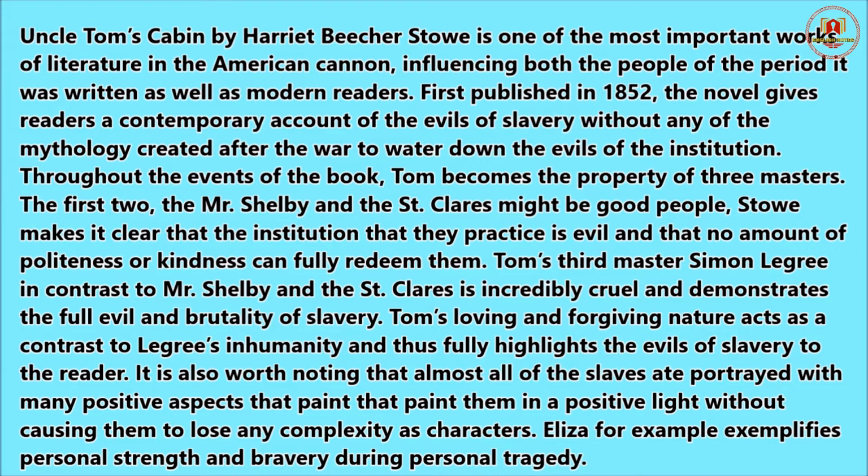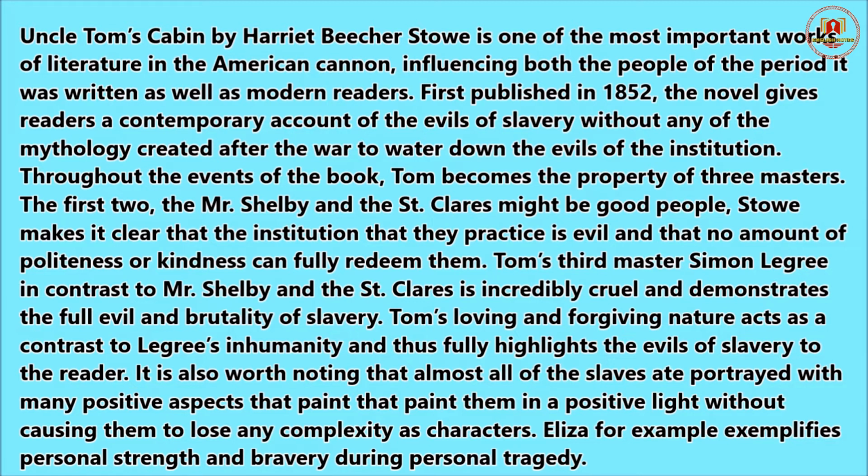The novel gives readers a contemporary account of the evils of slavery without any of the mythology created after the war to water down the evils of the institution. Throughout the events of the book, Tom becomes the property of three masters.